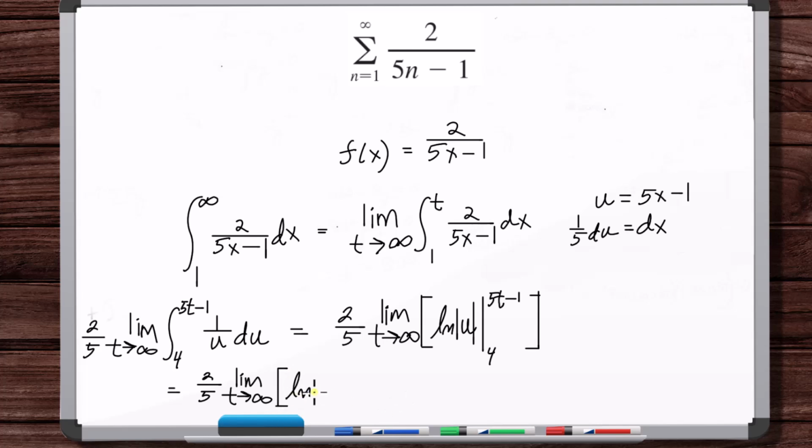So we've got natural log of 5t minus 1, minus natural log of 4, which is 2 natural log of 2. Okay, so as t approaches infinity, this just goes to infinity. Infinity minus 2 natural log of 2 is infinity. So this is equal to infinity, which means this integral diverges. So this series is divergent.